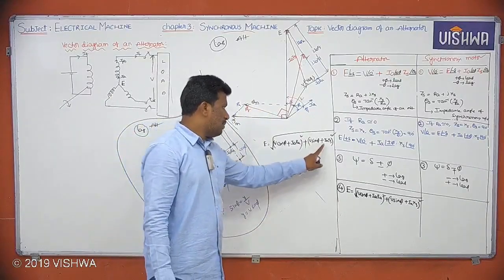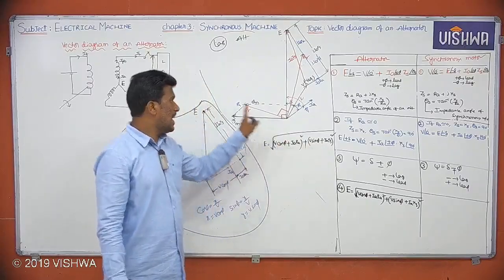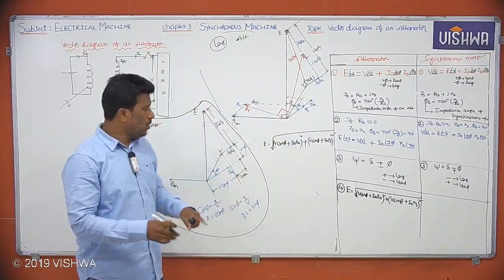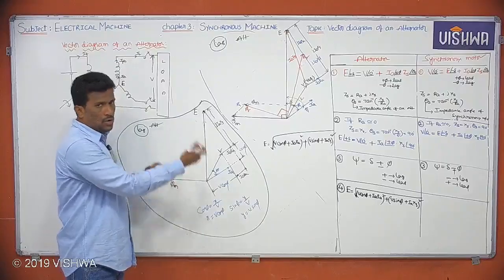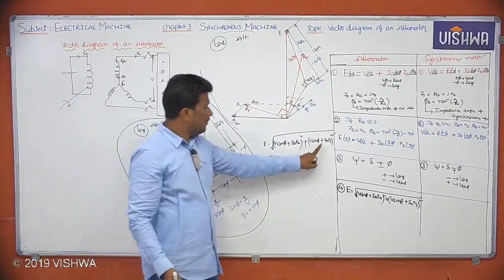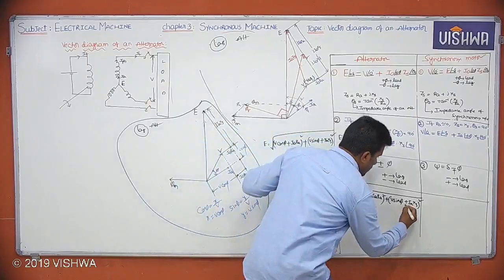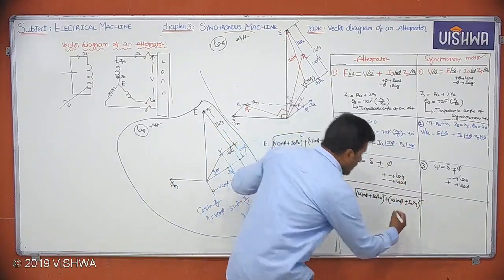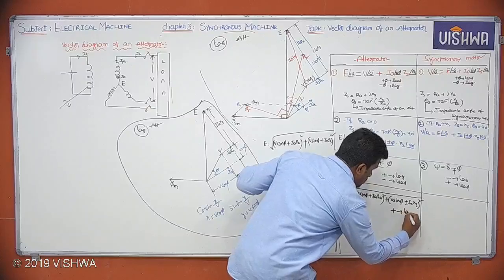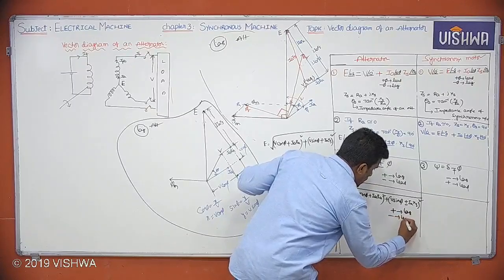See guys, this formula is for lag loads. If you do like this for lead loads, in place of this plus, you'll get minus. So simply write here plus or minus, where plus is for lag loads, minus is for lead loads.